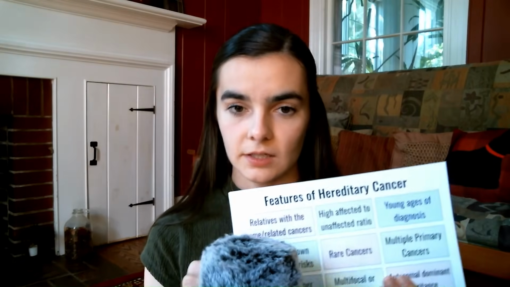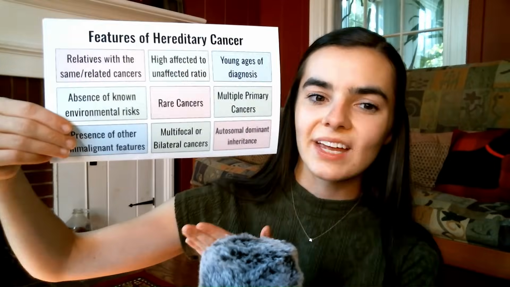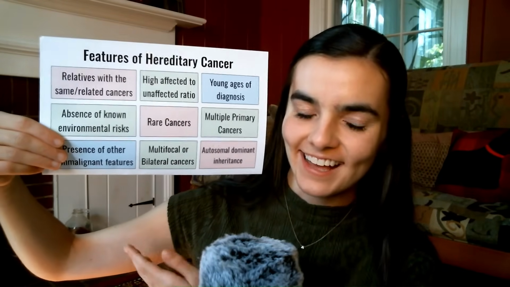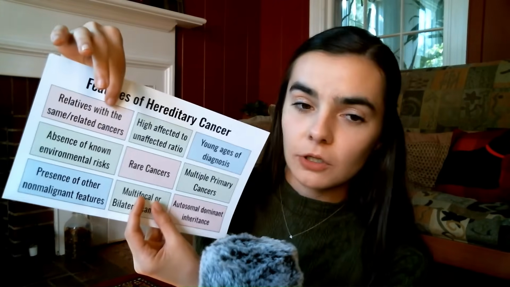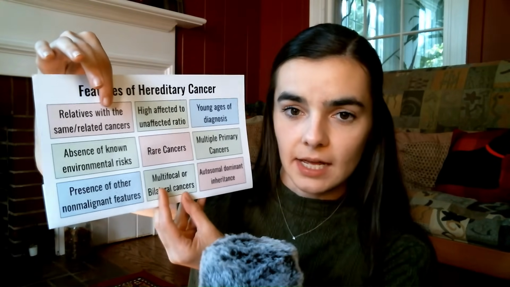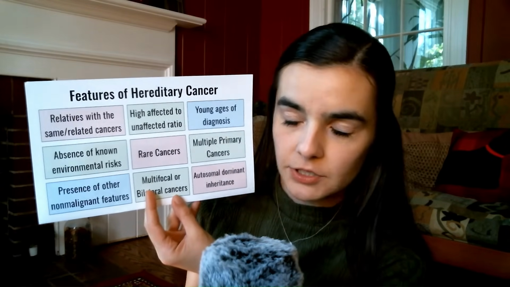And now we're going to talk about what makes us more suspicious in a family that there might be something hereditary, that we might be looking at a hereditary cancer predisposition. So, features of hereditary cancer. The first one is multiple relatives with the same or related cancers.